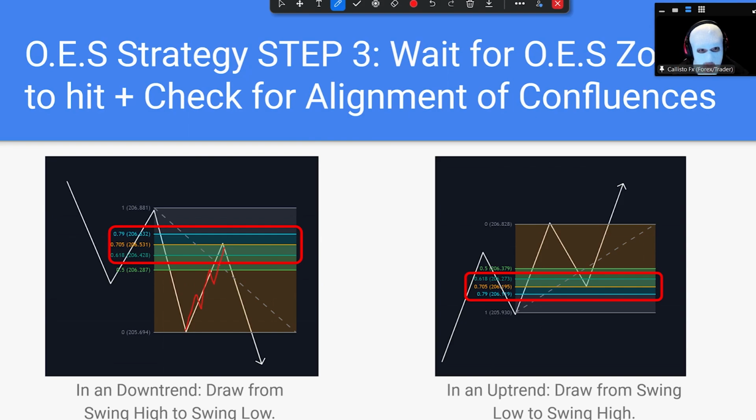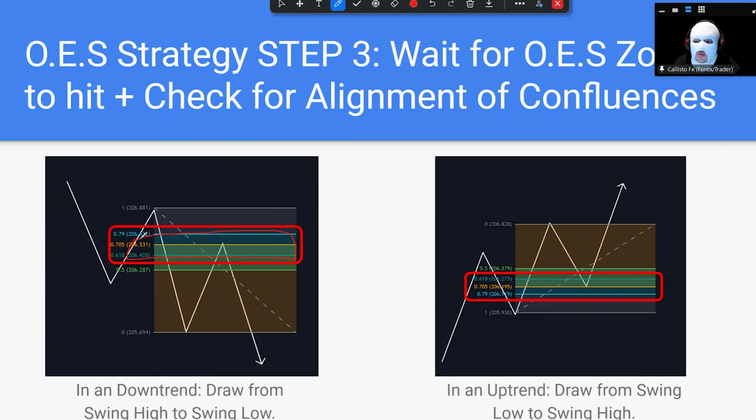Before you even look to enter, you need to identify the areas of confluence you have in alignment with this box. You need to have either a resistance level within this area, a bearish fair value gap, or a bearish order block, just like the examples I've shown you earlier on.